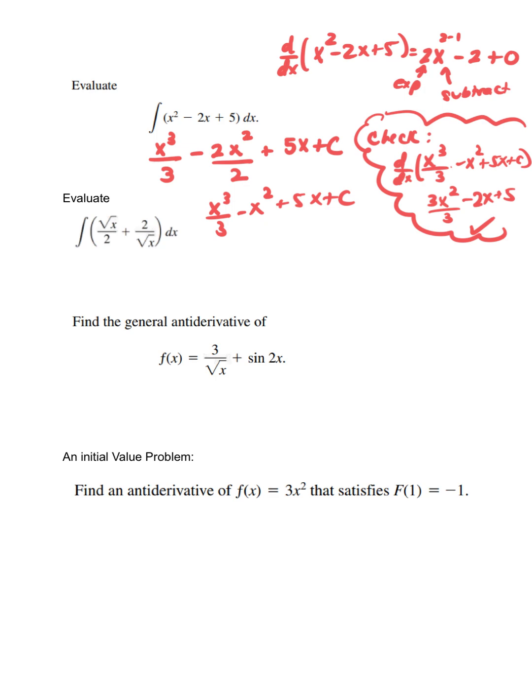Just like when you're taking derivatives, when you're doing integrals, fractions aren't entirely helpful, and radicals aren't really helpful either. I would probably want to make this into a 1/2 exponent, and I would want to make this into a negative 1/2 exponent.